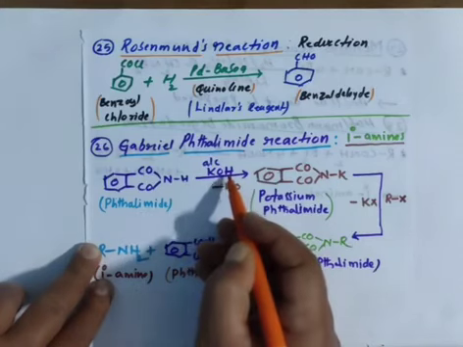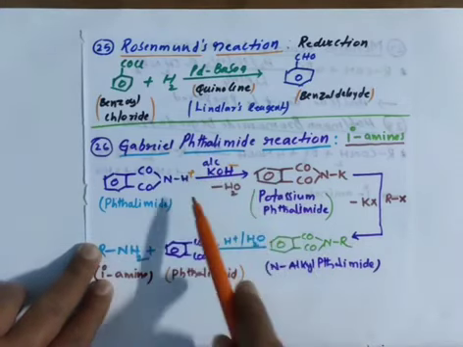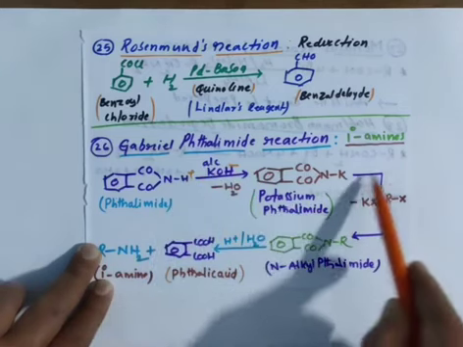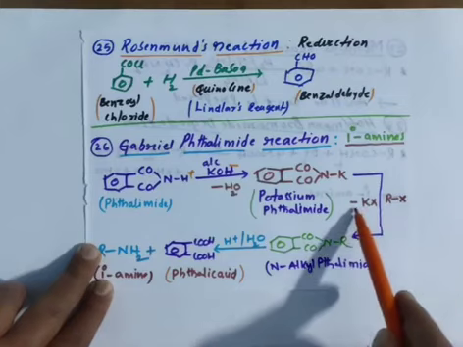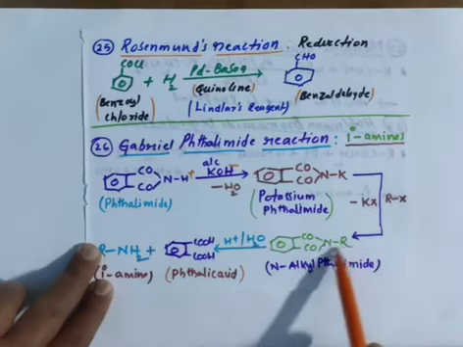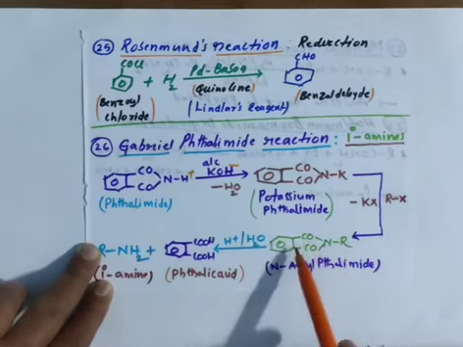Then a water molecule is removed, this OH minus and this H plus, and you are getting potassium phthalimide. It is treated with RX, removing KX, and you are getting N-alkyl phthalimide.